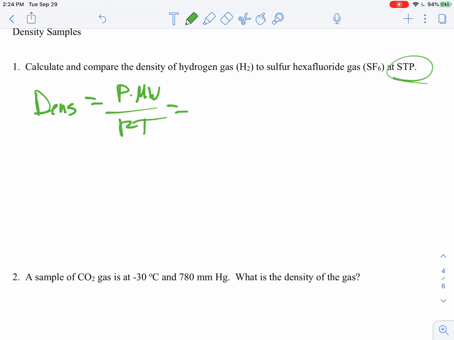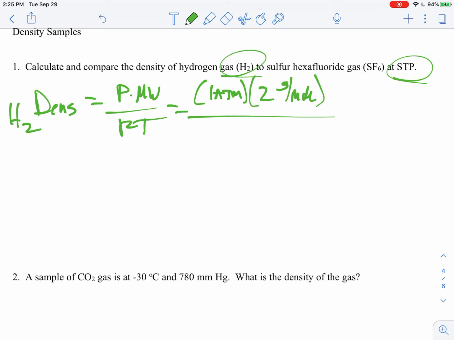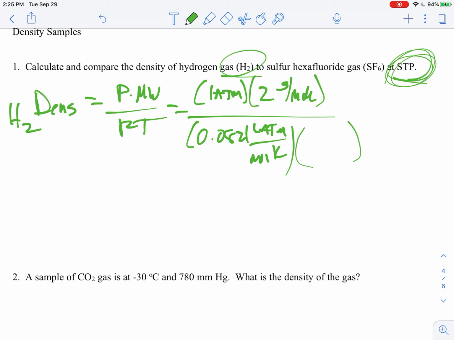Now, it says that we are at STP, so I'm going to choose the pressure to be 1 atmosphere. Let's go ahead and do hydrogen first. The molecular weight of hydrogen is 2 grams per mole. And then R, because I chose atmospheres, I'm going to use 0.0821, in liter atmospheres per mole Kelvin. And because it's at STP, that's going to be 273 Kelvin.